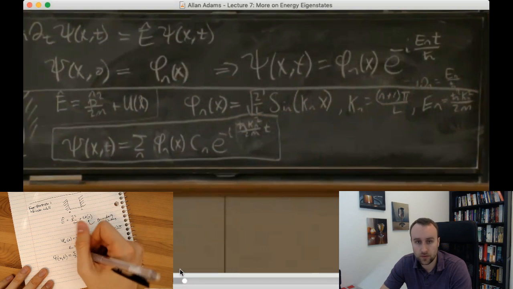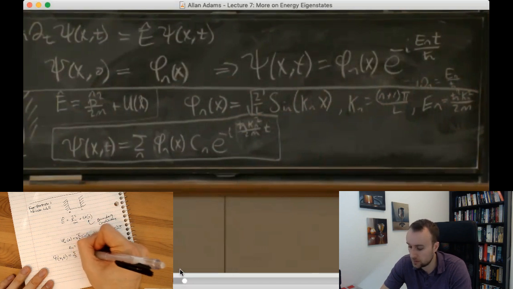So this is a sum, obviously, because these are discrete values, as we discussed in the last lecture.